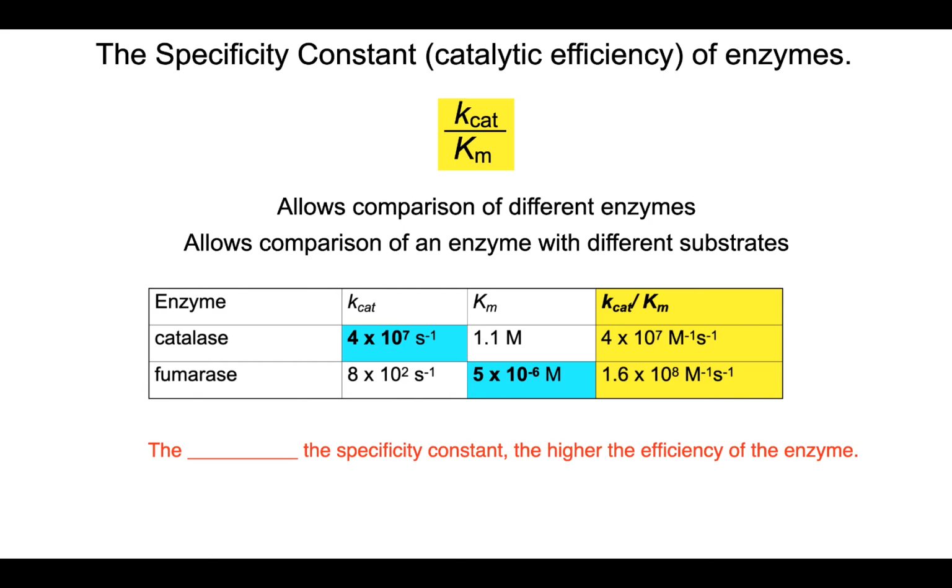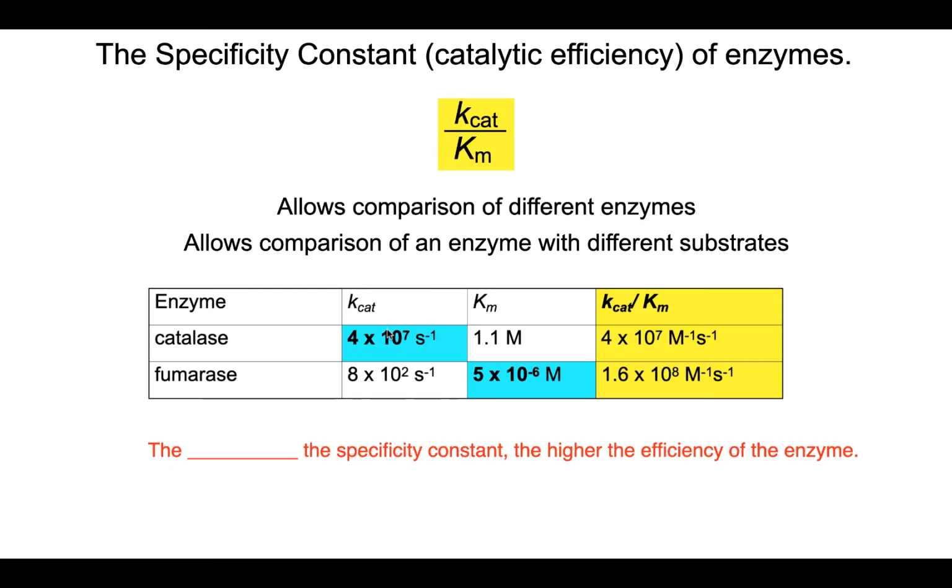Now, there is a calculation we can do that gives us an important constant, and that is called the specificity constant, or sometimes called the catalytic efficiency. And this number gives us a way to compare one enzyme to another, because here's the problem.